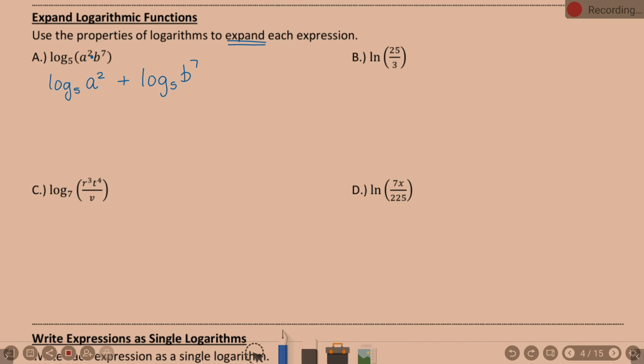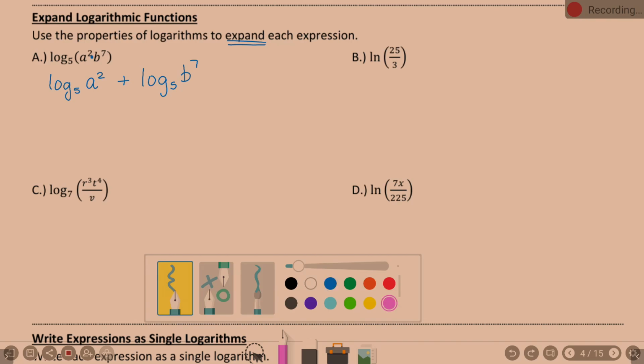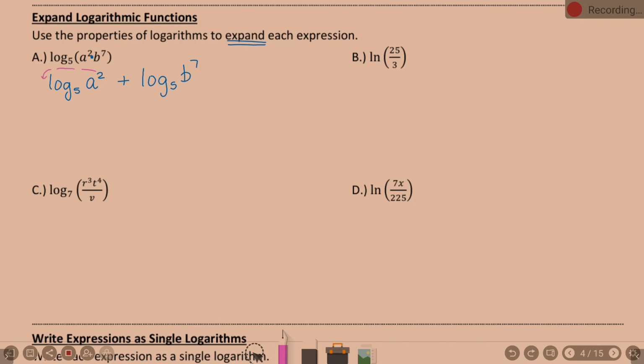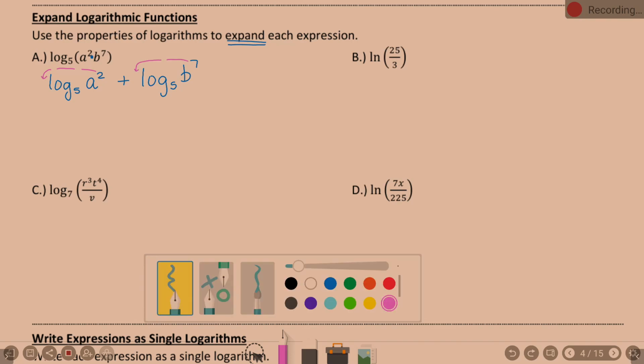Now, for this to be fully expanded, there's one more property we need to take care of. What's the other property from above we can use? The power property. A power of 2 on the A can go where? It can go out front. In the same manner, the 7 can go out front as well.